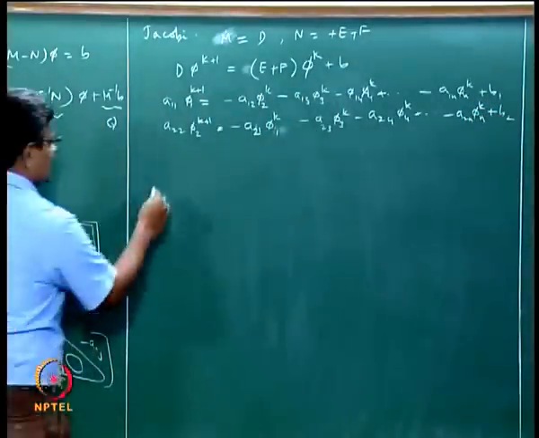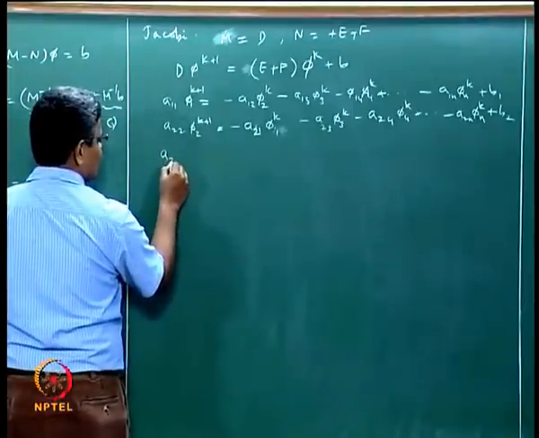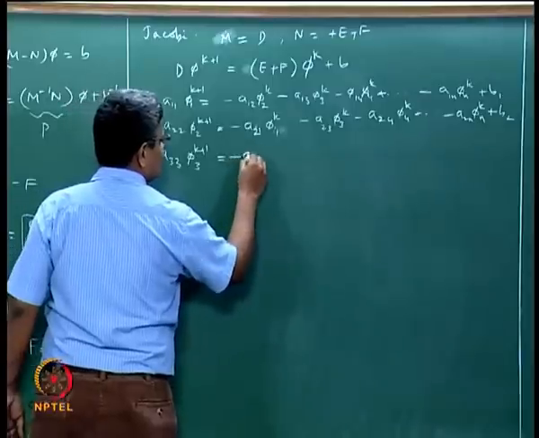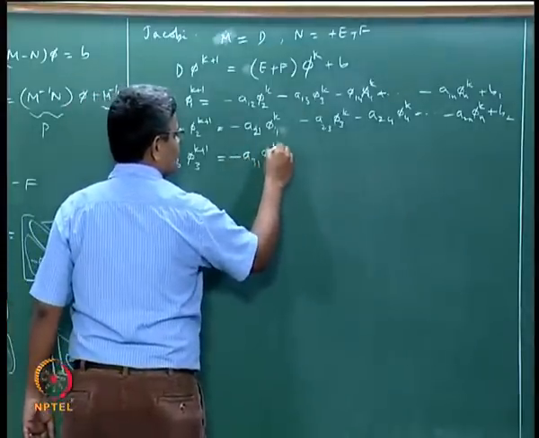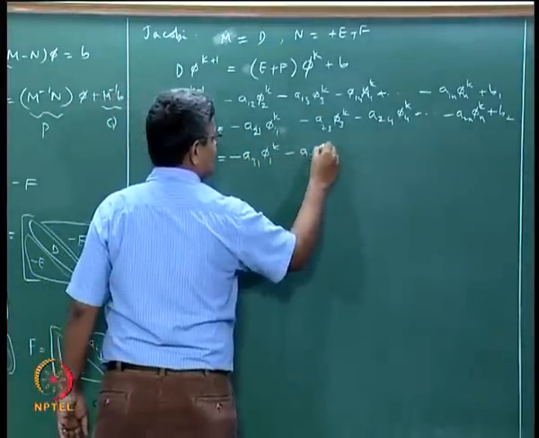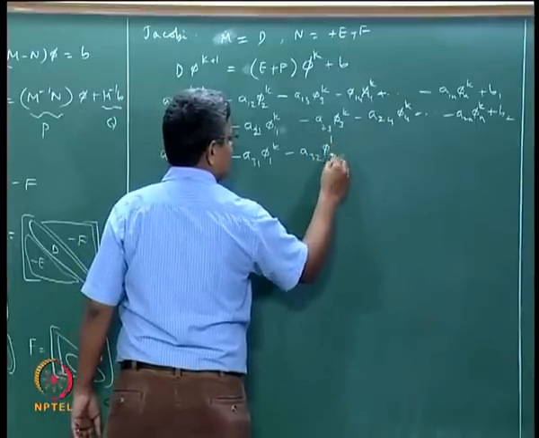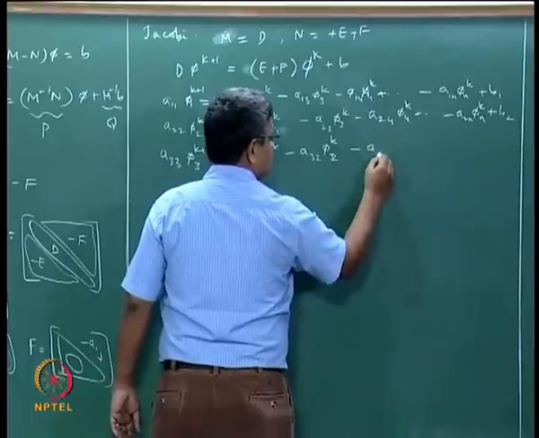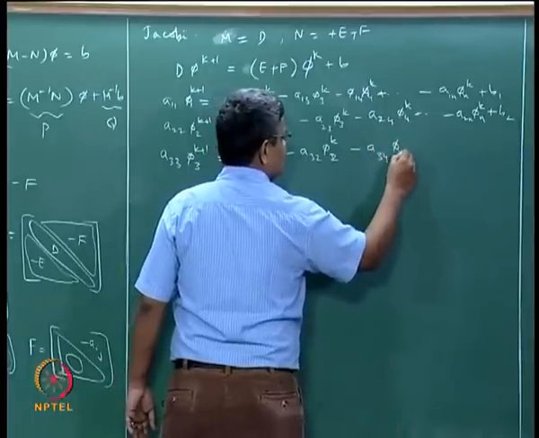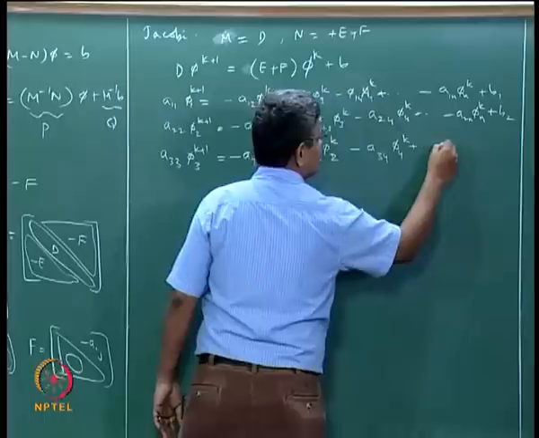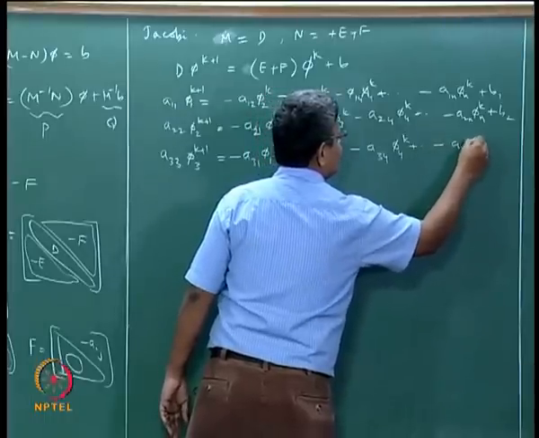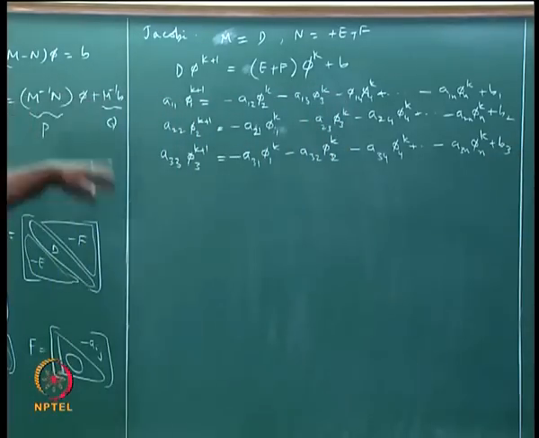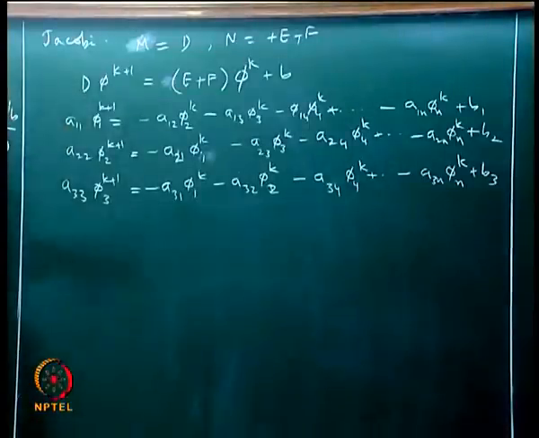And let us just put one more: a33 phi_3^(k+1) becomes minus a31 phi_1^k minus a32 phi_2^k minus a34 phi_4^k minus a3n phi_n^k plus b3. So these are the equations that we are actually solving here.